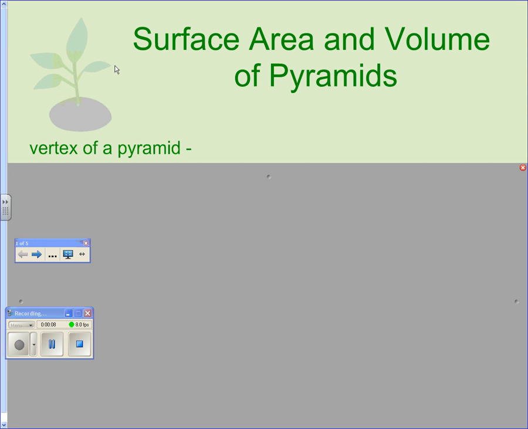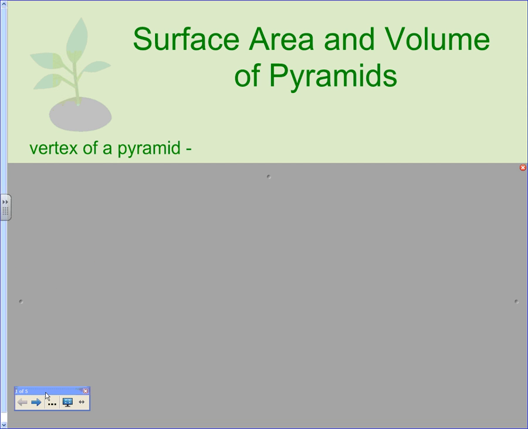So we're looking at pyramids today. Do you know what the vertex of a pyramid would be? The little tip top, yes.